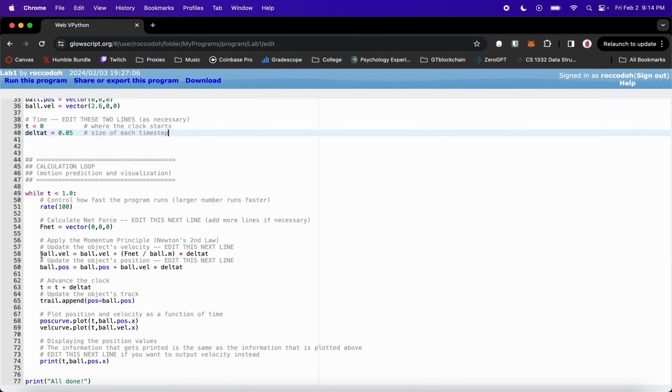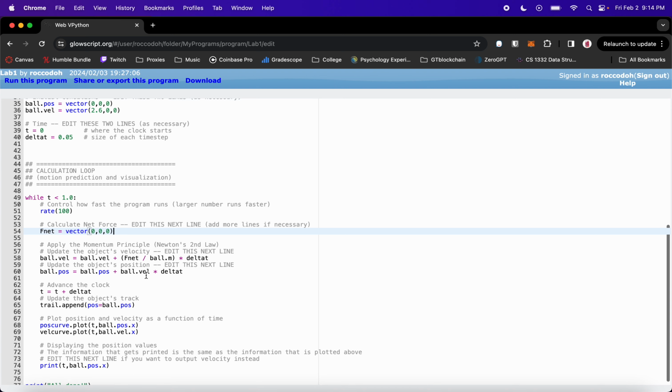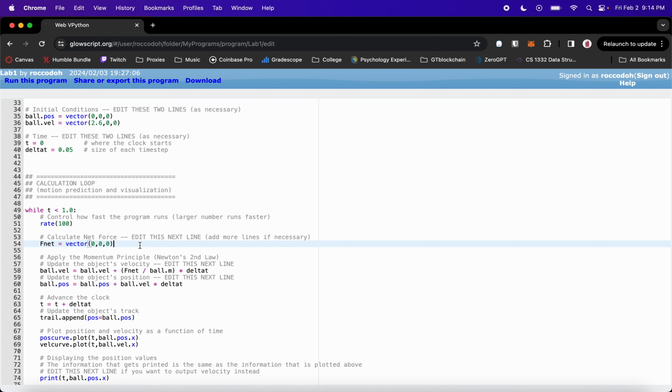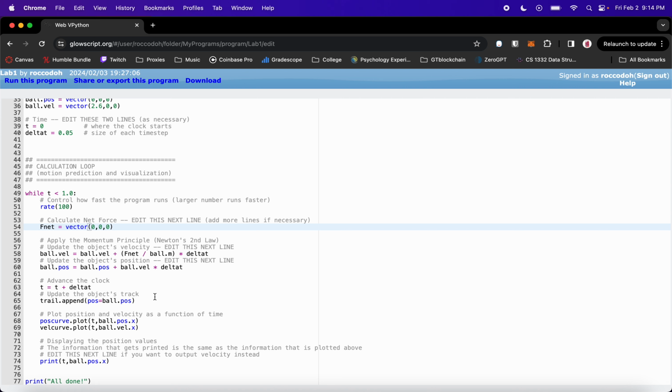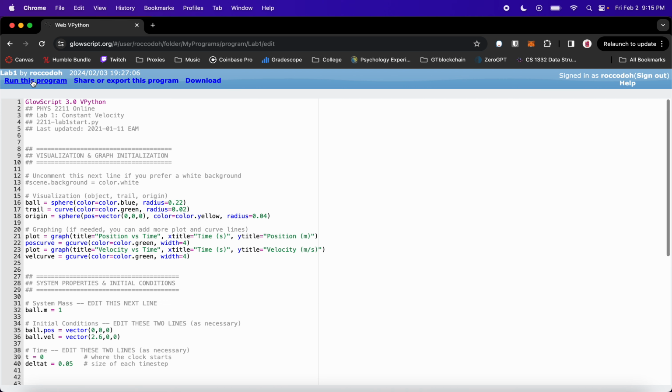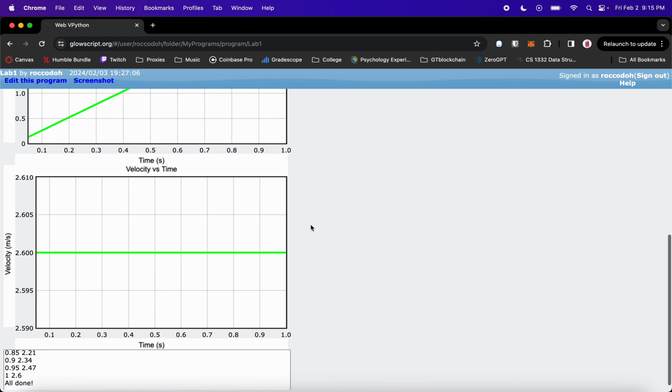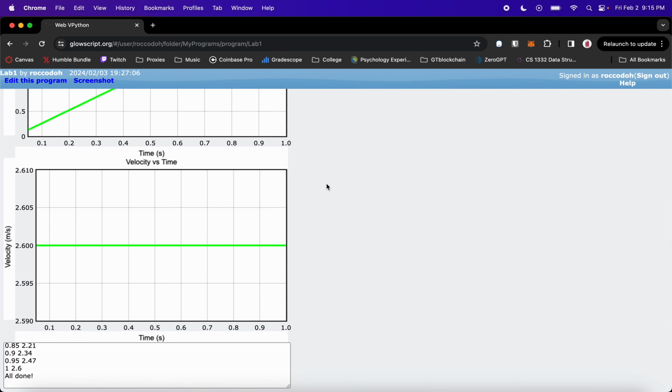So with that, I implemented the velocity update formula, which we know F net is going to stay 0, so that's not going to change, and the position update formula just as it's written, and every loop is going to span delta t, which is 0.05. And when we run this, this is our chart, and it tells us every single time step.